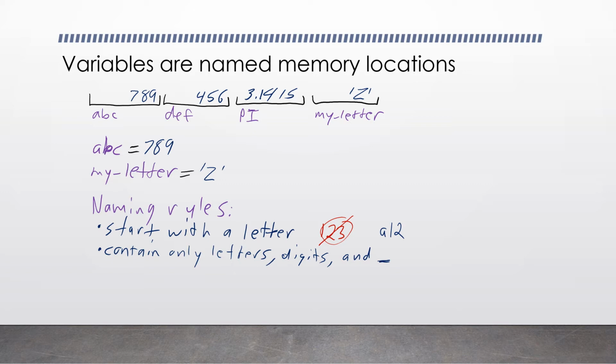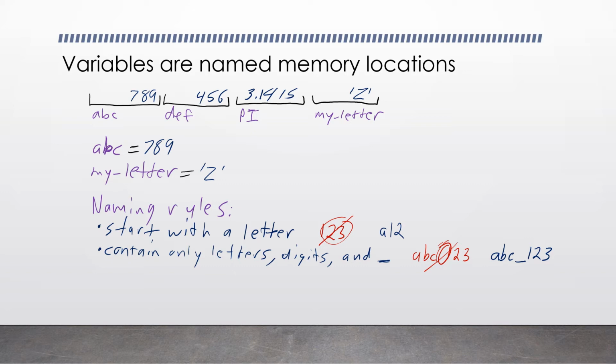So we couldn't give a variable the name ABC 123 with a space, because this space here is not allowed. But if we wanted to have that same idea, we could go ABC underscore 123, and it looks to the casual reader as if I've put a space in my name.